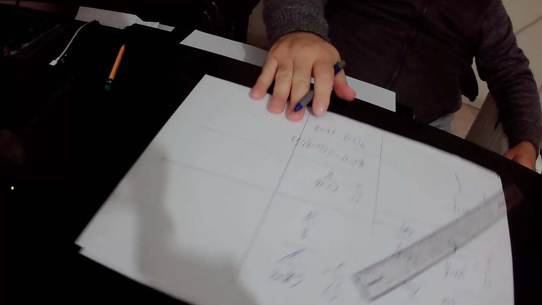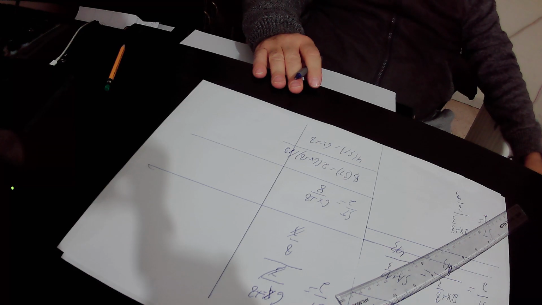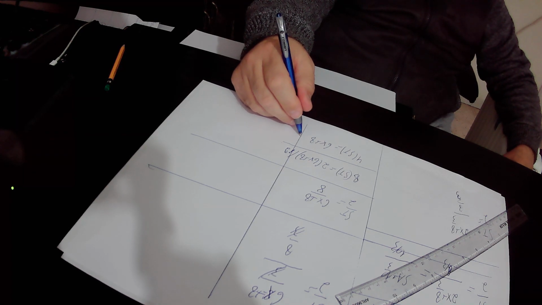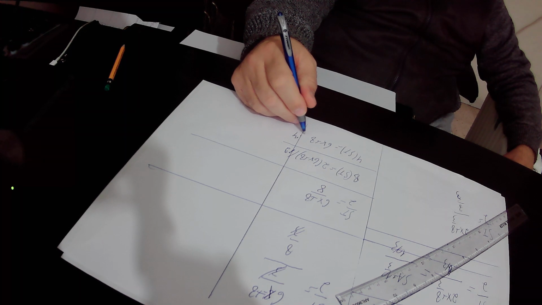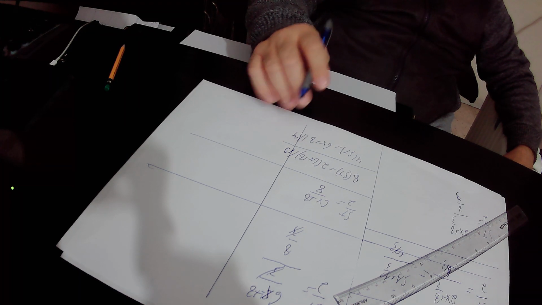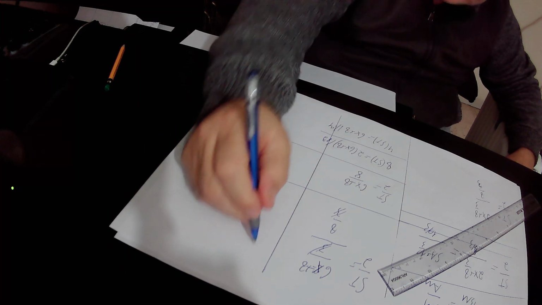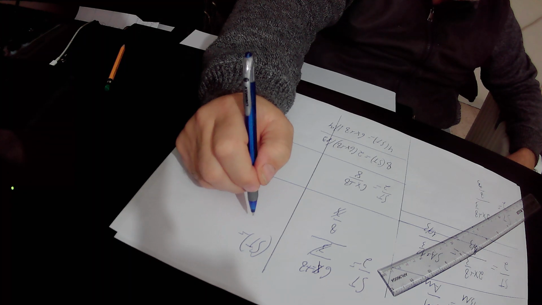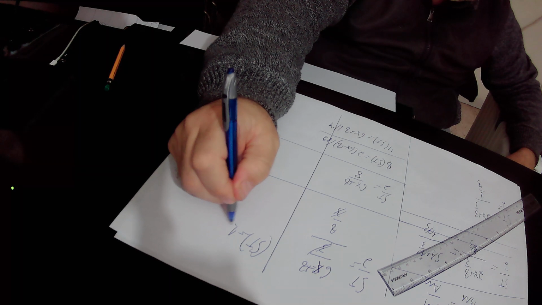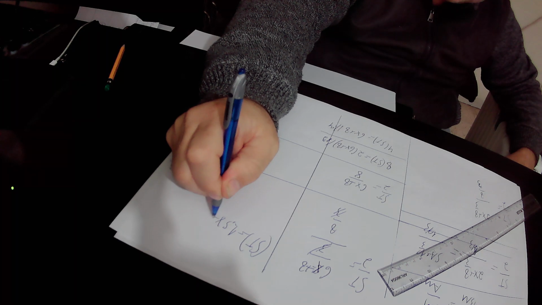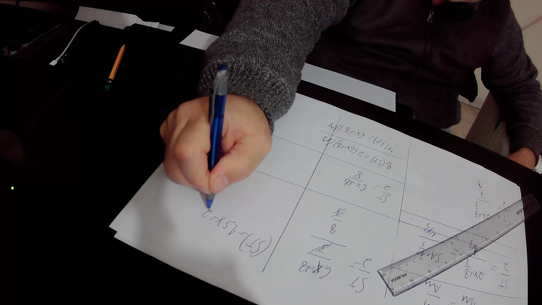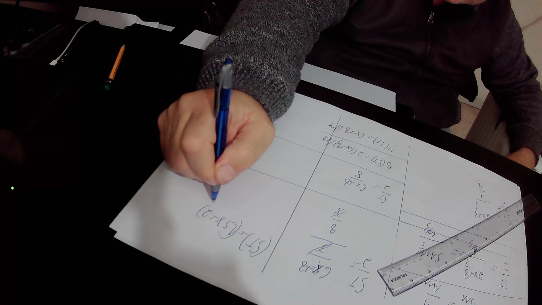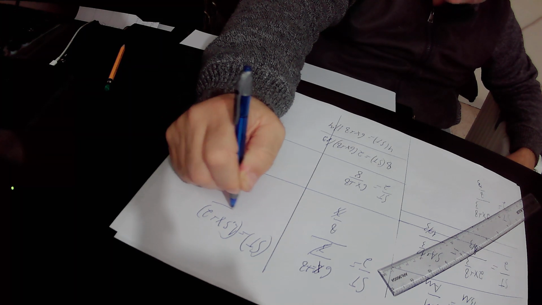So here we divide this equation by 4, and finally we get that ST equals 6x over 4, which is 1.5x, plus 8 over 4, which is 2. So in conclusion, ST equals 2 plus 1.5x.